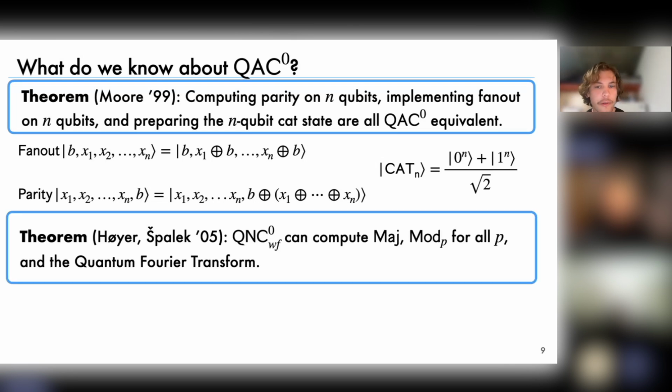And another result I'd like to mention is that this fan-out gate is also very powerful in the sense that it allows you to compute even harder Boolean functions than parity. So for example, with the fan-out gate, you can construct a constant depth quantum circuit, aka a QNC0 with fan-out circuit, denoted here QNC0 WF, that computes majority or mod p for any prime, or you can even implement the quantum Fourier transform in constant depth with fan-out.